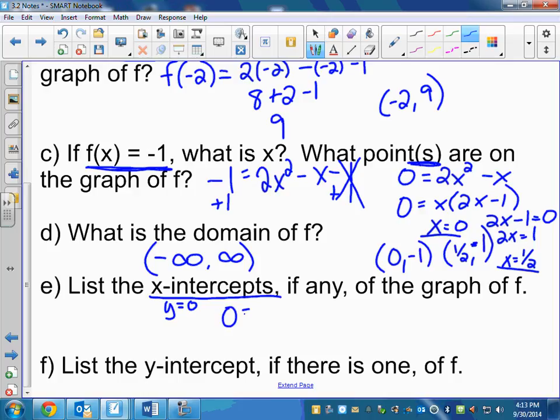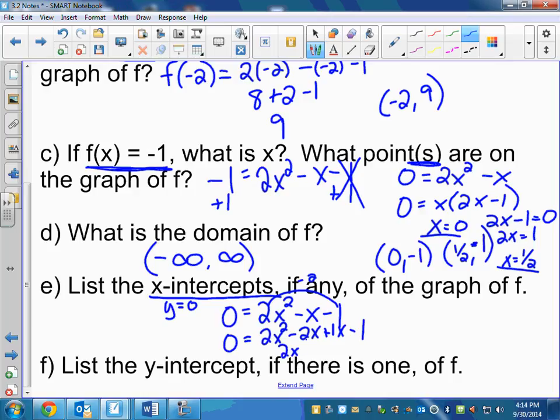So if I set this equation equal to 0, I've got to solve that, and that's a quadratic. Which means, I don't know, what do we do here? Factor by grouping? So we multiply by -2, and we say what multiplies to give me -2 and subtracts to give me -1 in the middle. So I could make that -2x plus 1x minus 1.